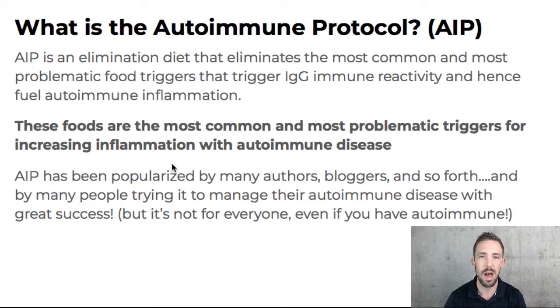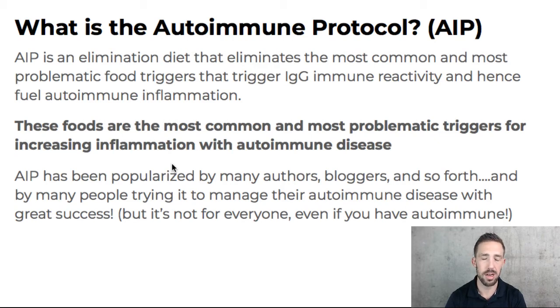So whether you have MS or rheumatoid arthritis or Hashimoto's or Graves or Crohn's, or name any autoimmune condition, there are over 100, this is a good place to start for many people. AIP has been popularized by many bloggers, many authors, and so forth.